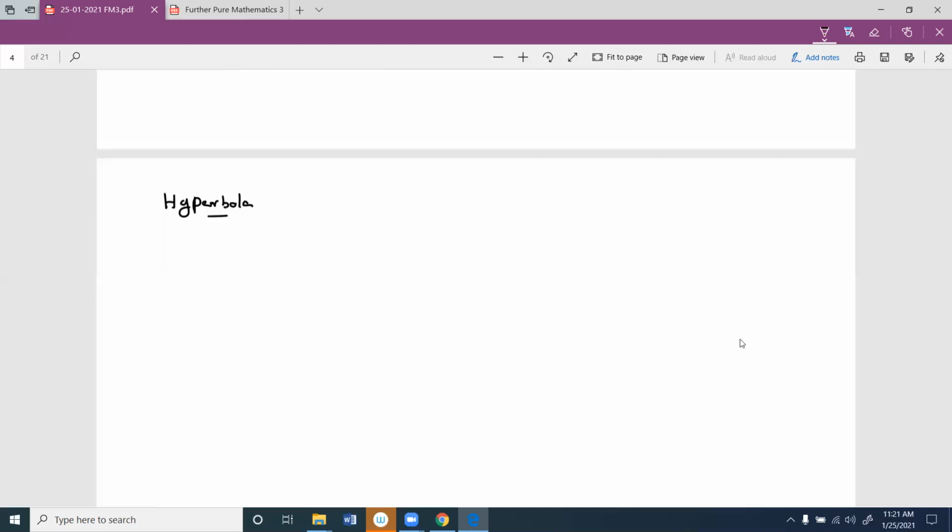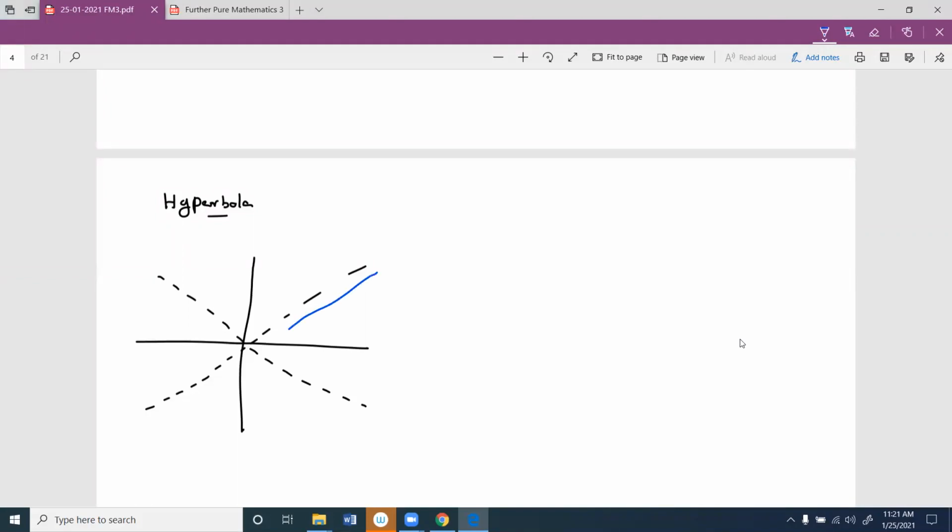So when you're concerned about a hyperbola, a hyperbola is a shape somewhere like this. It travels to 0, just this way. The blue color one is the hyperbola. Here the coordinate is A, and here the coordinate is minus A.